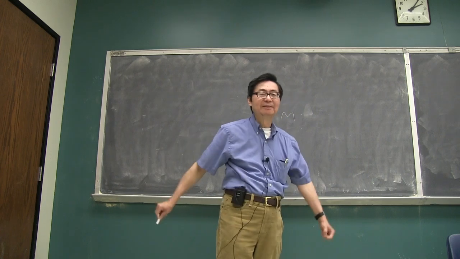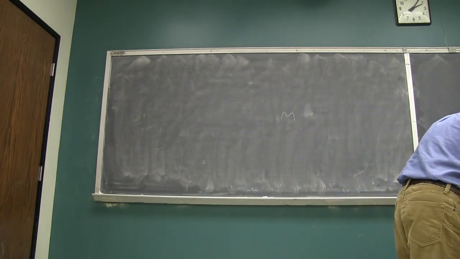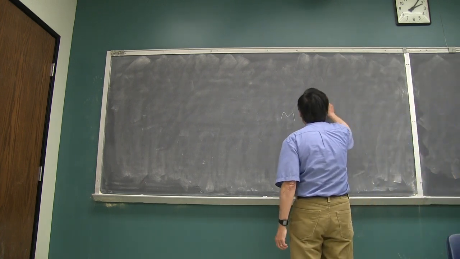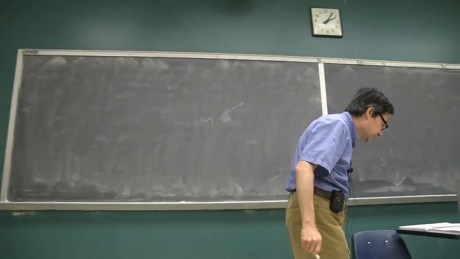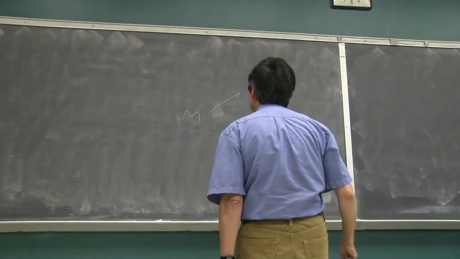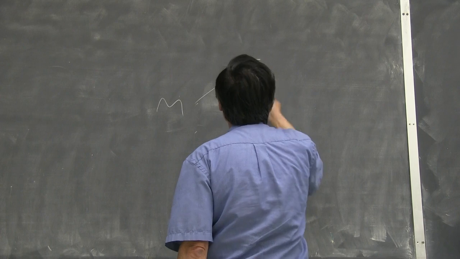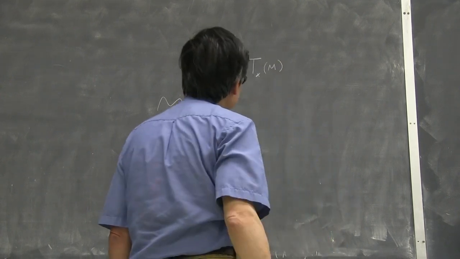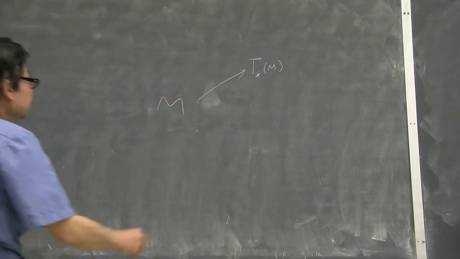So we have a manifold, okay? From the manifold, we can construct the tangent space or the tangent bundle. Well, let me consider a particular tangent space at a particular point x in the manifold first. This is called the tangent space at the point x, okay? It's a vector space, okay?